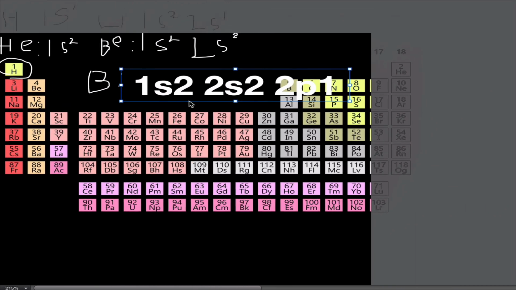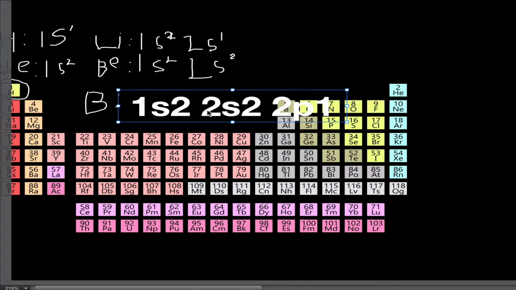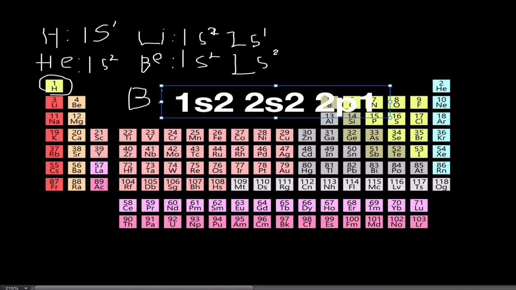So that's boron. And now let's do something big, like, let's see, rubidium. Rubidium is a really high atom.